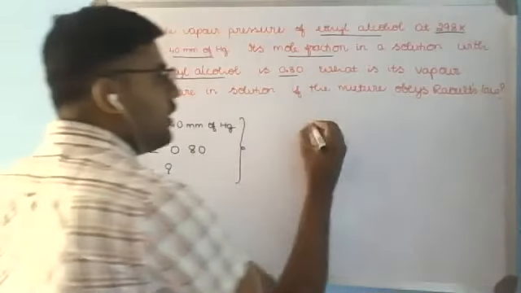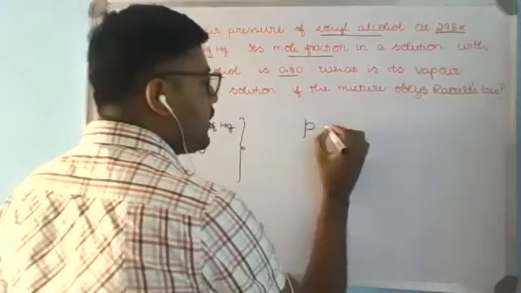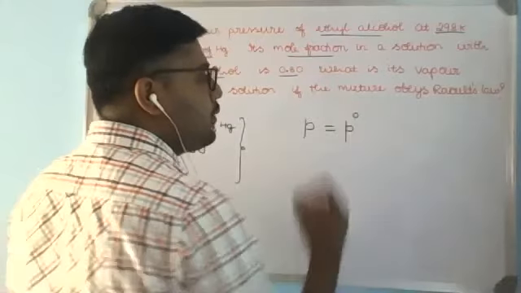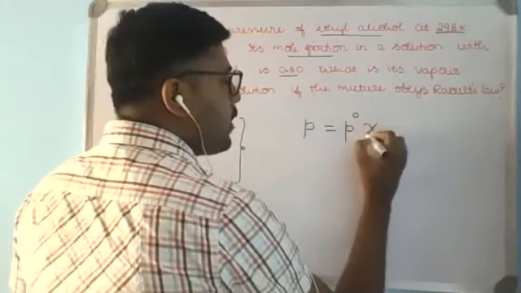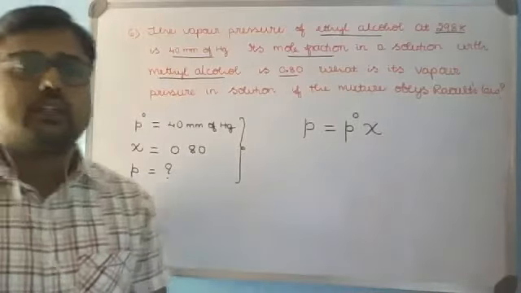We know that from Raoult's law, the vapor pressure of any component in a solution will be equal to its vapor pressure in the pure form into the mole fraction of the component in the solution. This is the mathematical form of Raoult's law.